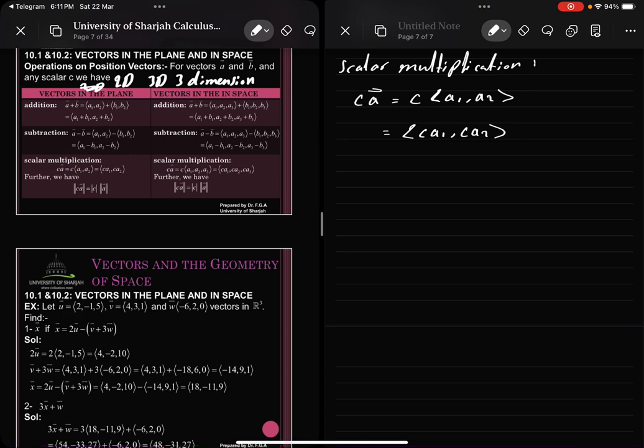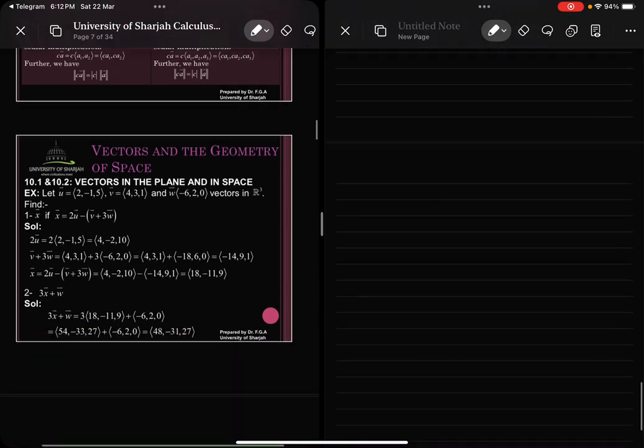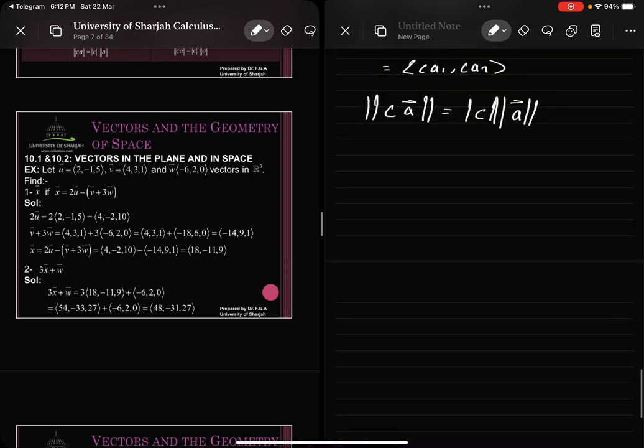And if we have the magnitude, it will be the magnitude of c times the magnitude of a.